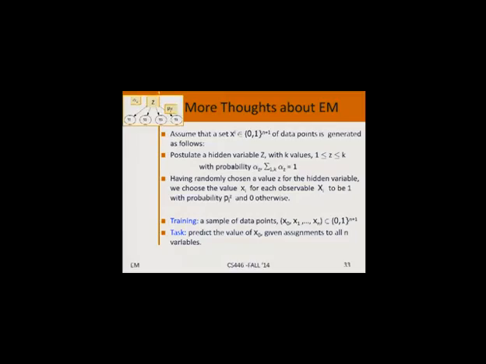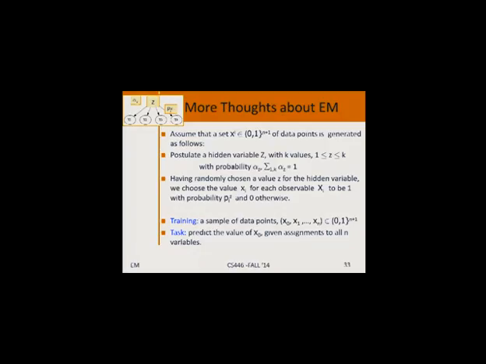So this is the picture that you should have in mind. First of all, I choose z with probability alpha z, either 1 or 2 up to k. Once I chose z, I'm generating x0, x1, x2 up to xn with this probability, piz.